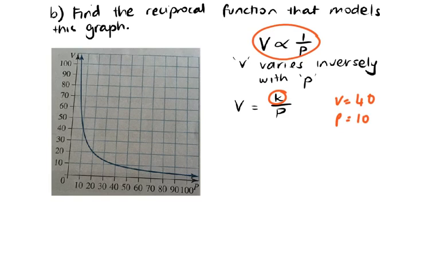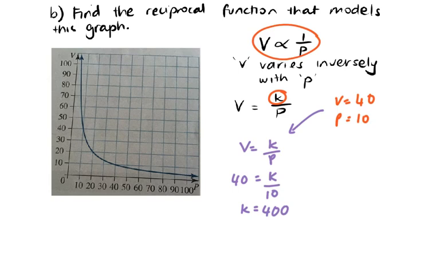So if we use this formula here, so V equals K over P, and we're going to substitute those values back in here. So 40 is K over 10. Now remember, we want to know what K is, to be able to find a reciprocal function for this. So if we rearranged our formula, then K would equal 400.